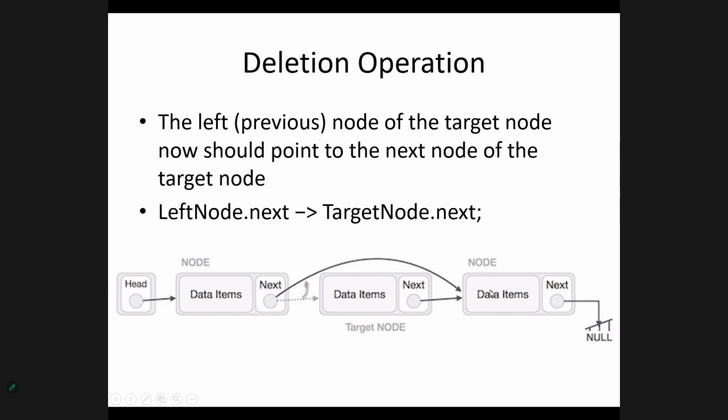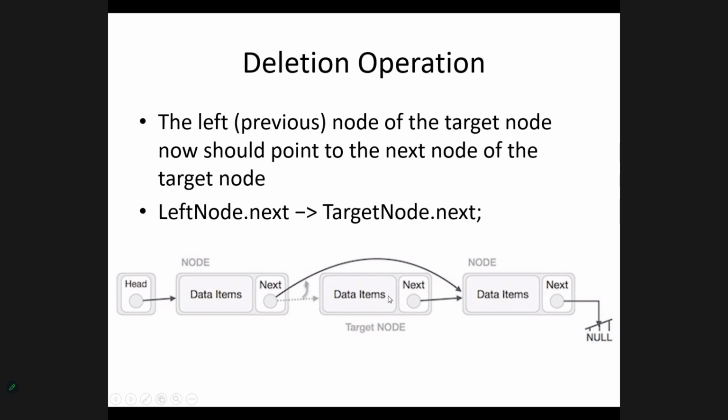So very easy, right? Left node dot next should refer to the target node dot next. Then the target node will automatically fall out.